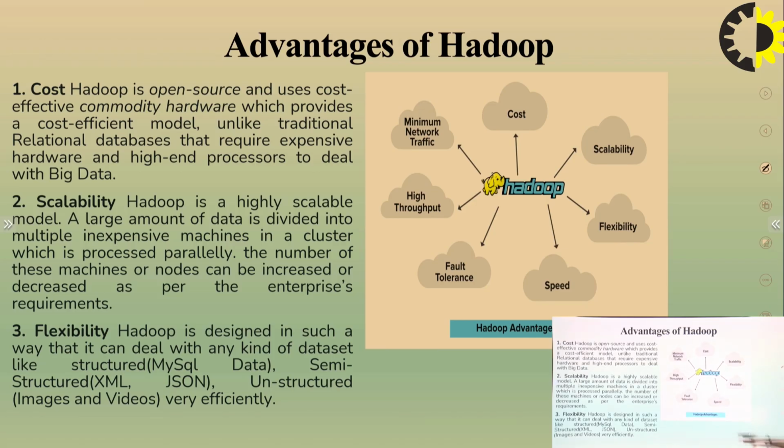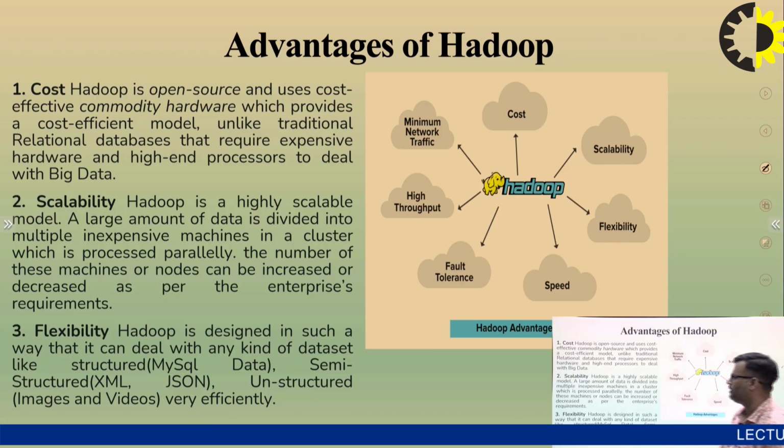Next, speed up ratio: the accessing speed and processing speed will be maintained. The fault tolerance: if we use the Hadoop concept, then the chances of fault will be rare of the rarest. The speed up ratio is also called high throughput.